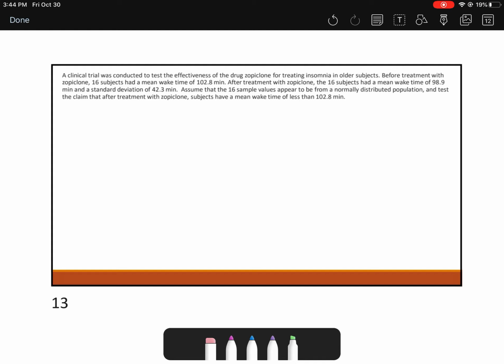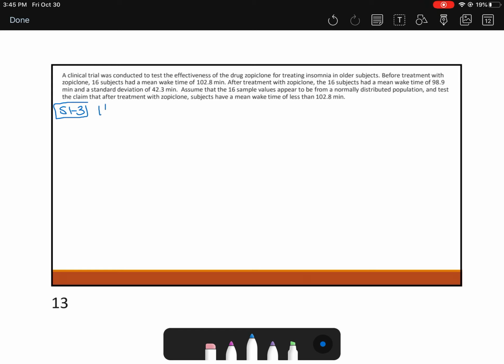After treatment with zopiclone, the 16 subjects had a mean wake time of 98.9 minutes and a standard deviation of 42.3. Assume that the 16 sample values appear to be from a normally distributed population, and test the claim that after treatment with zopiclone, subjects have a mean wake time of less than 102.8 minutes.